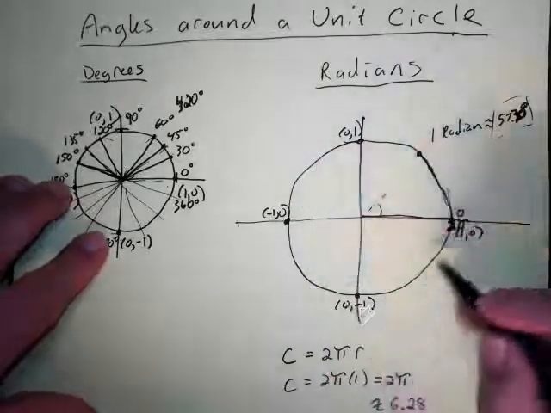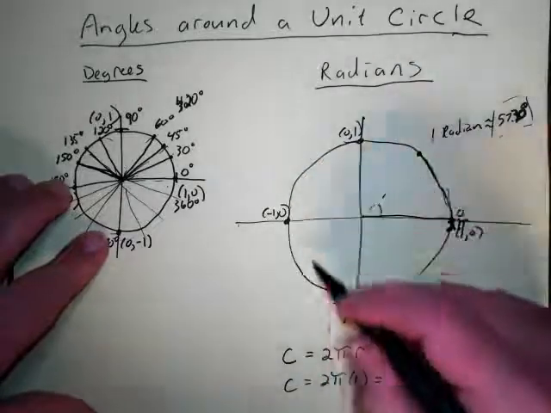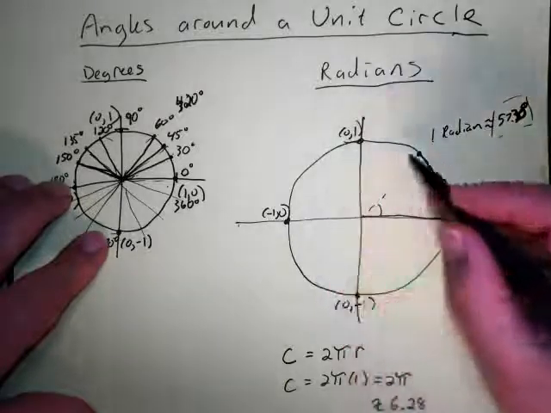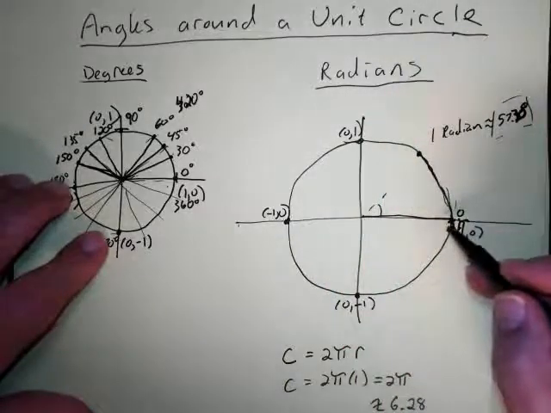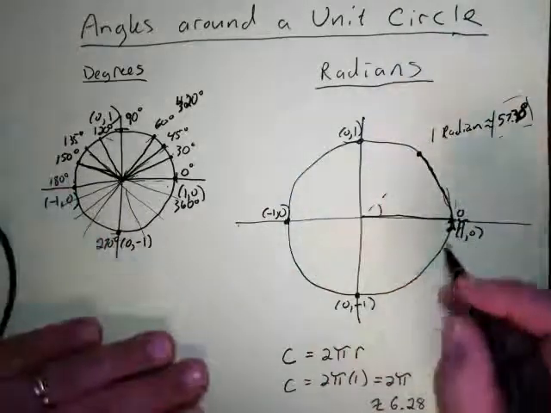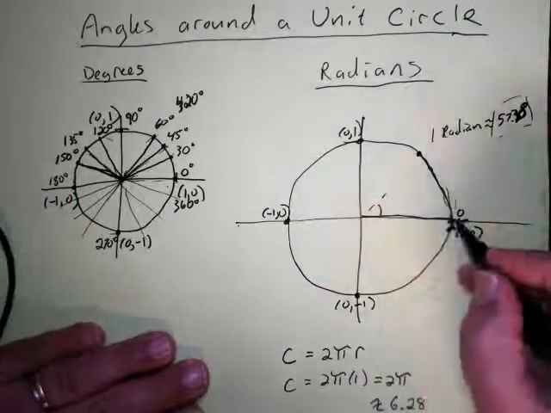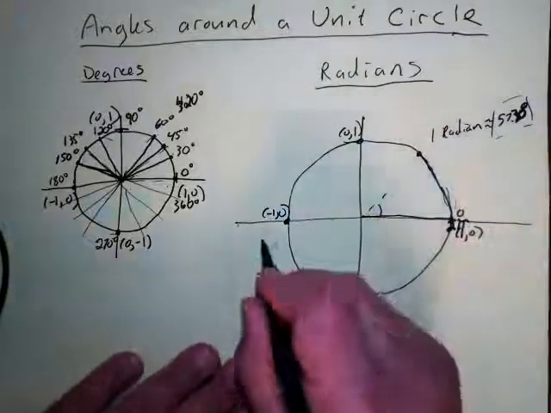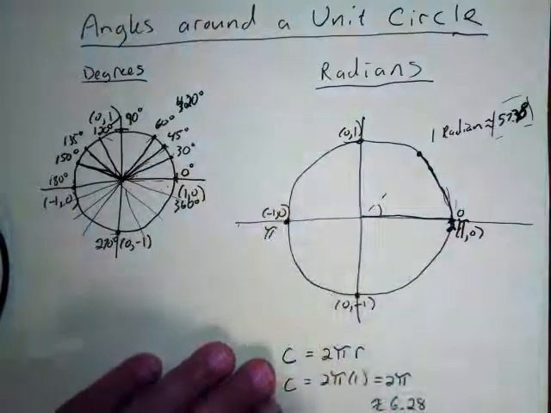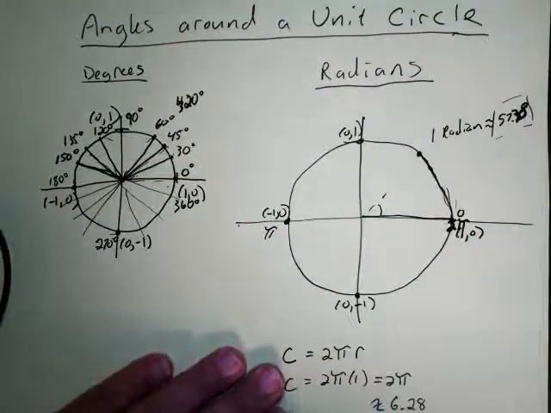If you go twice around the circle, that's 4 pi radians. This would be 6 pi radians, and so on. If I go backwards around the circle, that would be negative 2 pi radians, negative 4 pi radians, and so on. Okay? All the way around the circle is 2 pi radians, and halfway around the circle is just pi radians.